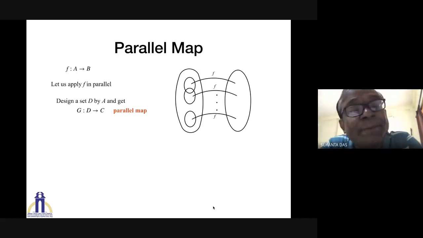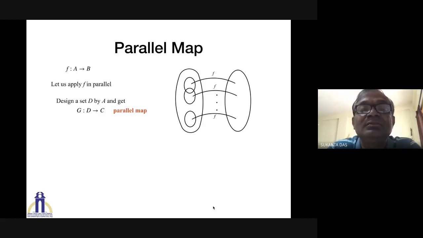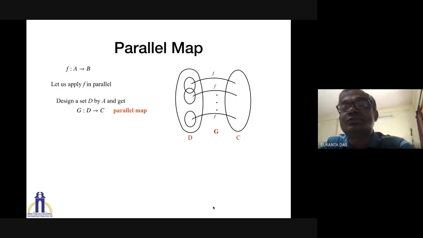So in this way, I can get a function capital G. This is a parallel function. We call it a parallel map. Here G is the name of the function, D is the domain, and C is the codomain.